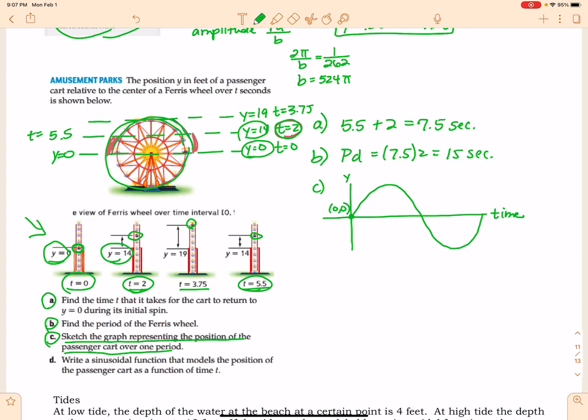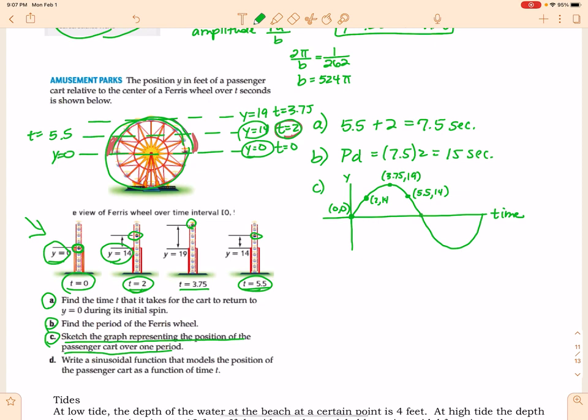So at a specific time, t of 2, 14; at the peak up here, it's 3.75, 19; and then as it scooches back down, it's going to be 5.5 and 14.